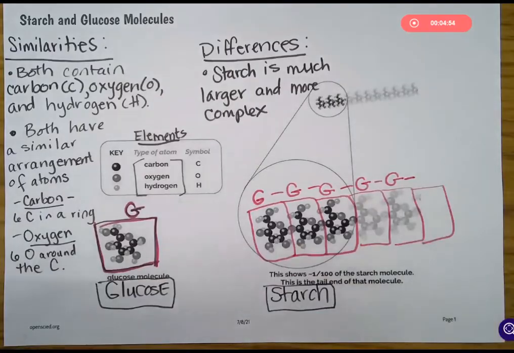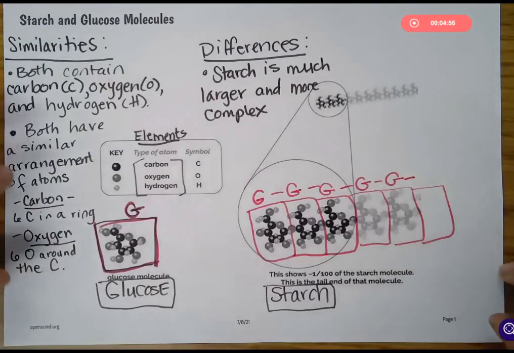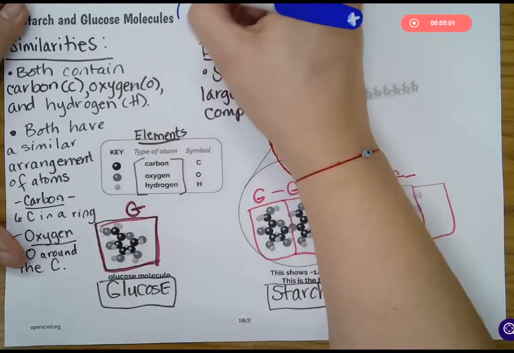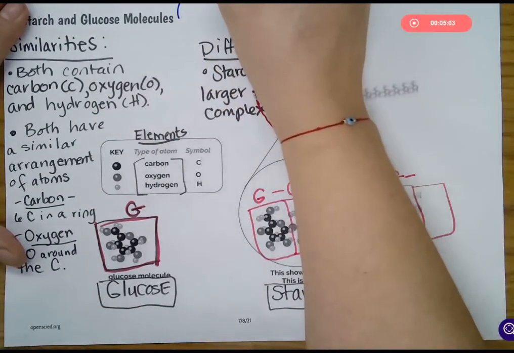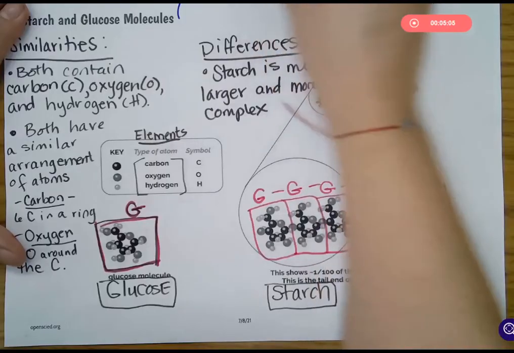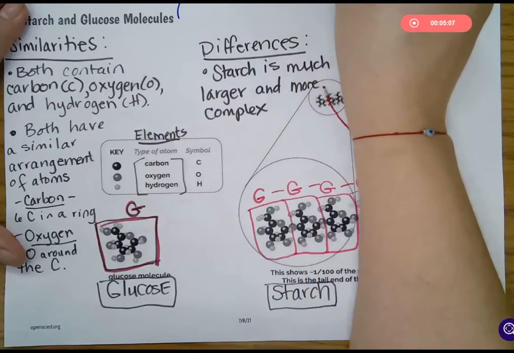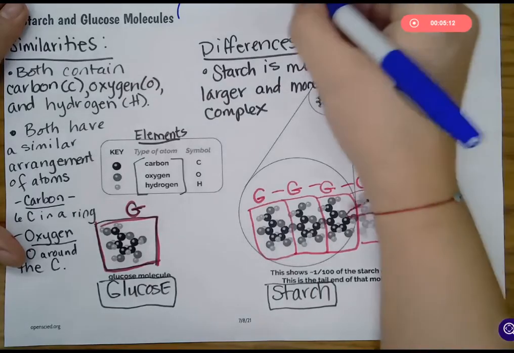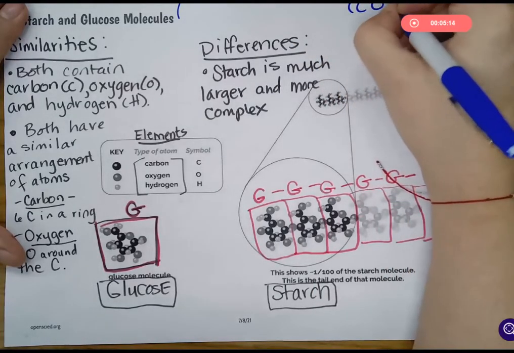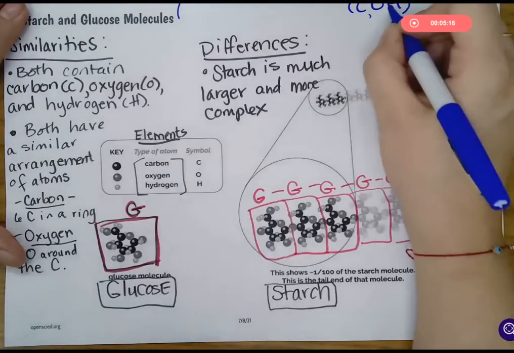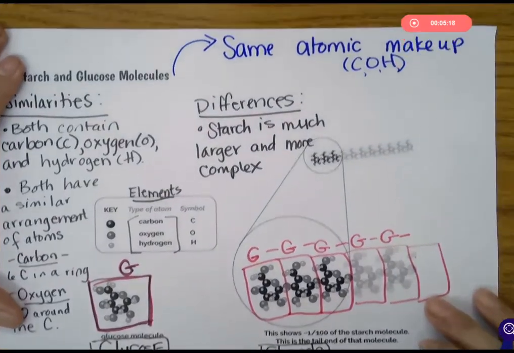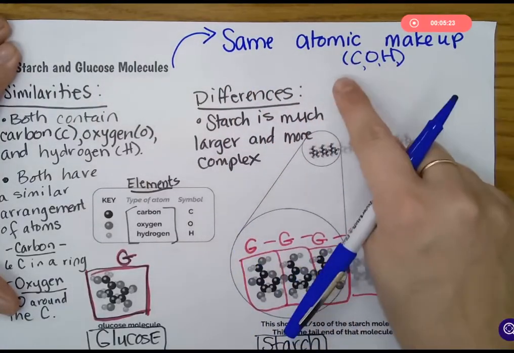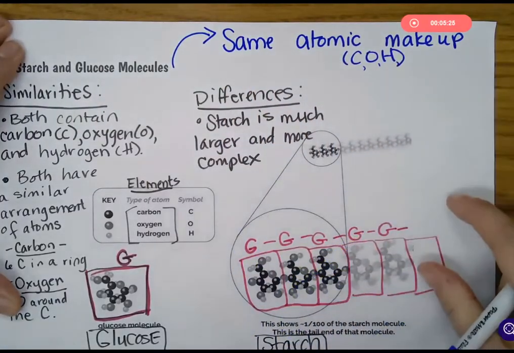So the important thing to know is that starch and glucose molecules have the same atomic makeup, right? C, O, H: carbon, oxygen, hydrogen. Oops, sorry about that. Same atomic makeup, carbon, oxygen, hydrogen.